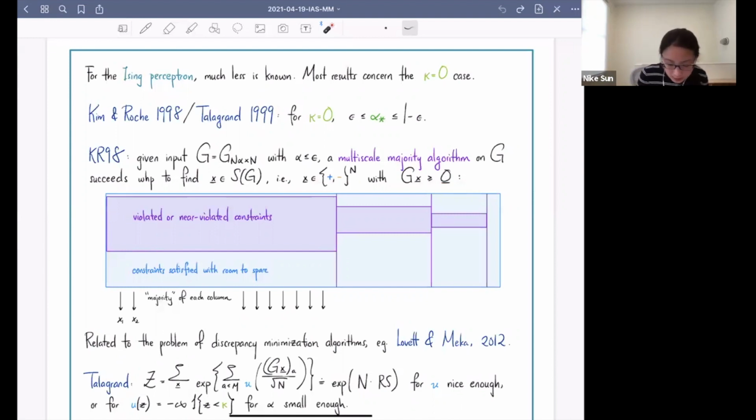The way they do this is with your matrix G. When alpha is small, it's a very wide matrix, and you want to find an x which is positively correlated with every single row of G. The natural first thing to do is to take G and, for example, just take the sum of every column and take the sign of that.